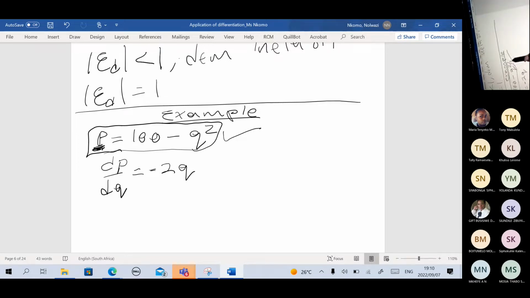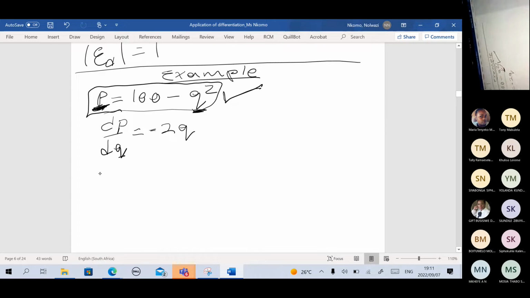So we have the demand function given as a function of Q, and the derivative with respect to Q is minus 2Q.